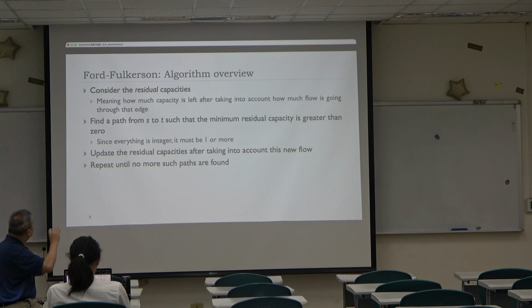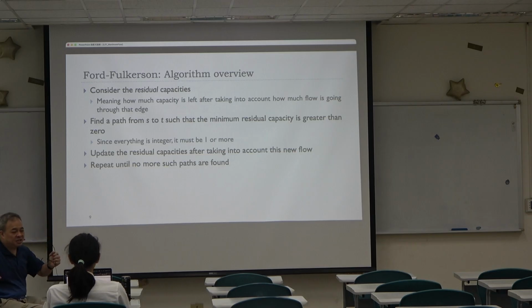We see how much capacity is left after taking into account how much flow is going through that edge. Initially, obviously, since no flow has been assigned, we will use the full capacity, right? But this is an iteration process.